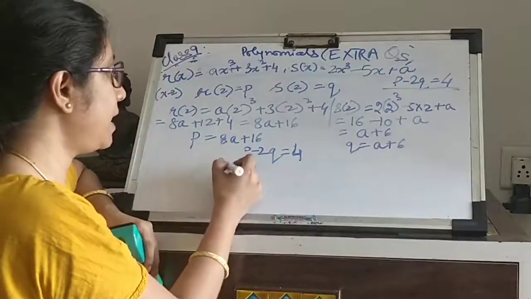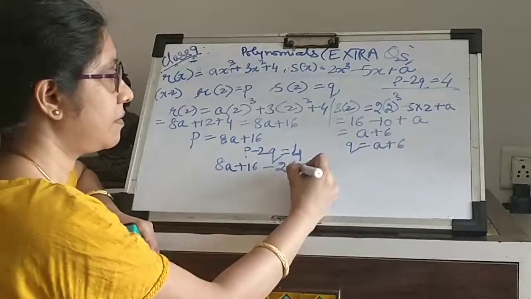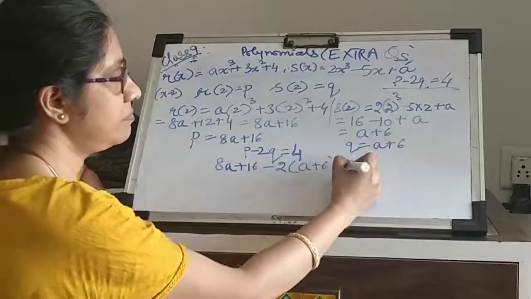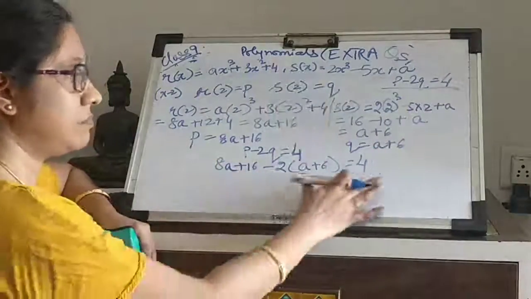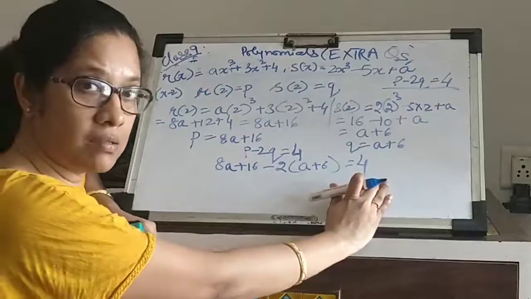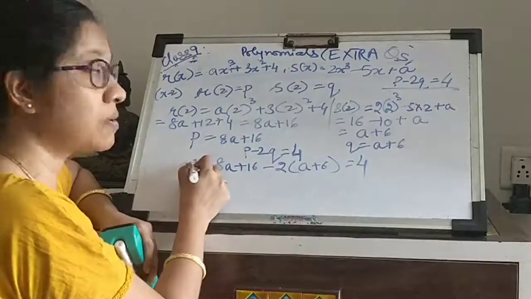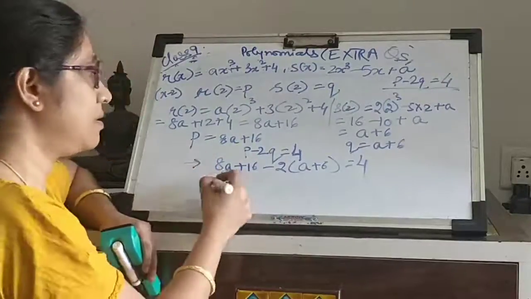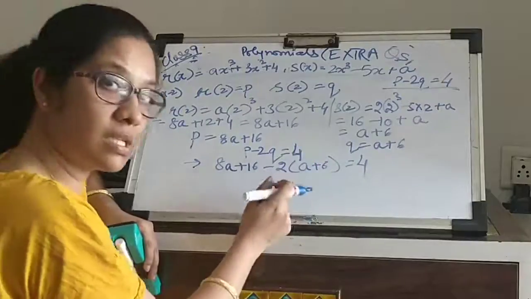So what do we have? 8a plus 16 minus 2 times (a plus 6) equals 4. The entire thing boils down to a simple linear equation in a single variable. All we need to do is simply solve it to get the value of a, and that is what our initial intent was.